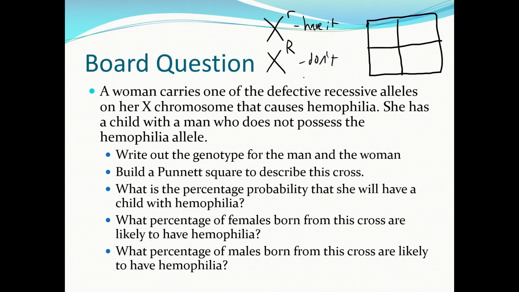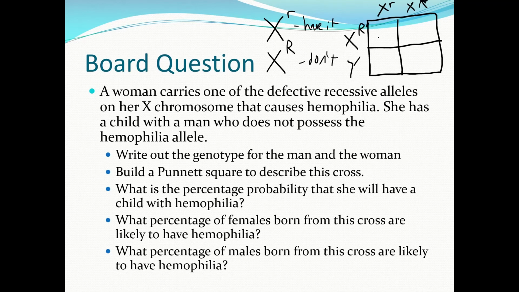Okay, so a woman carries one defective recessive allele. So she is a carrier. It's a big R. Okay, she has a child with a man who does not possess hemophilia. So the man is XY, and he does not have it.